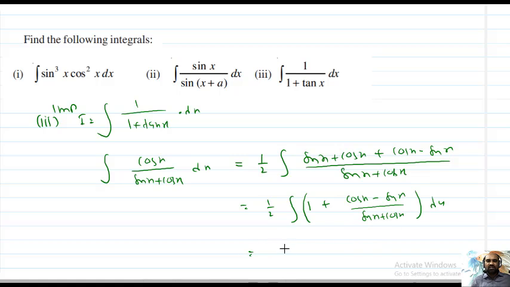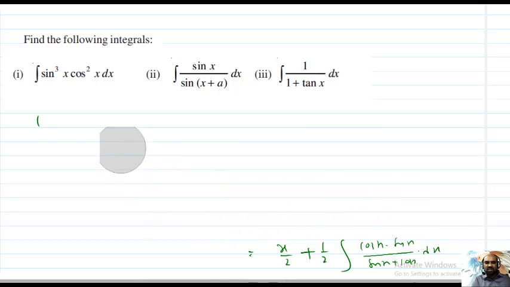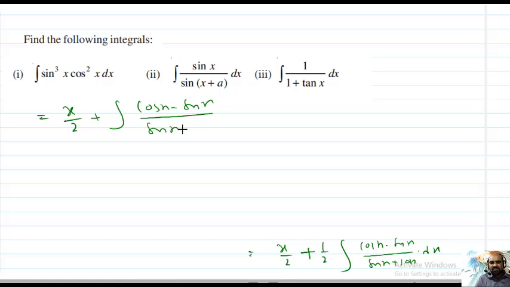This is x by 2 plus 1 by 2 integral of cos x minus sin x by sin x plus cos x into dx. Okay. What I got, I want to write here: x by 2 plus integral of cos x minus sin x by sin x plus cos x dx.